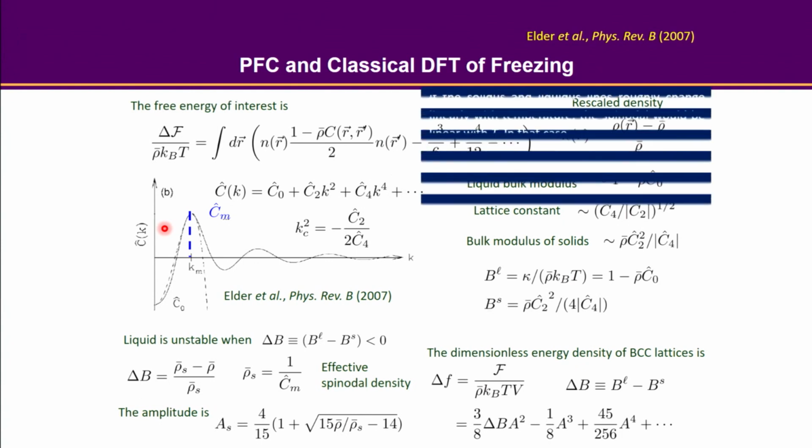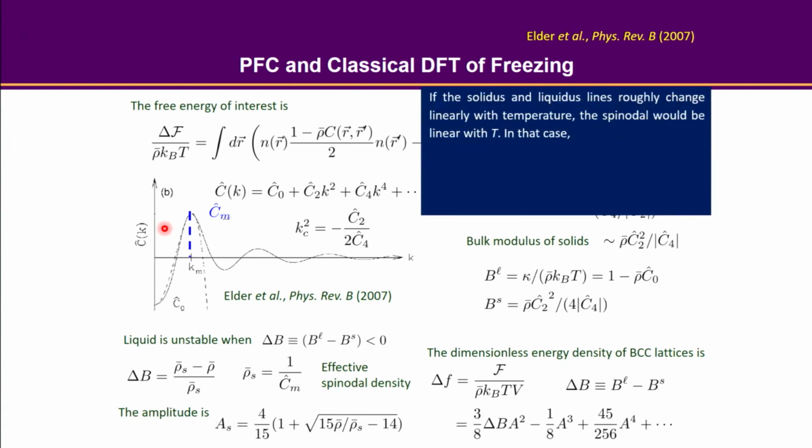Okay. So the final step is that we want to associate this delta B with temperature, right? Because we know the coefficient of the quadratic term in the PFC is associated with epsilon, and there we interpret epsilon as the physical quantity of temperature, right? So how do we make that connection?